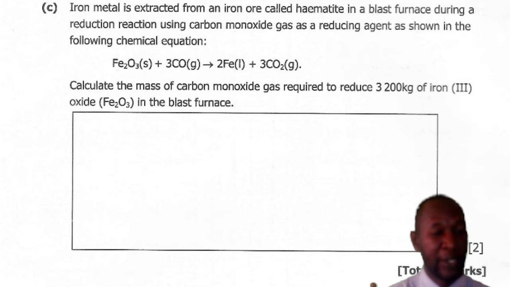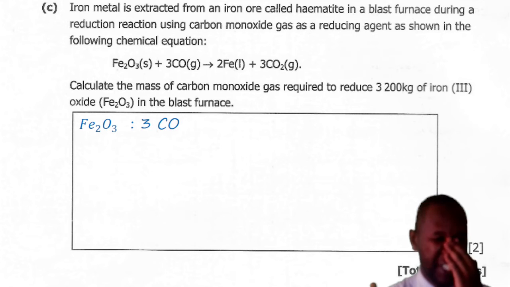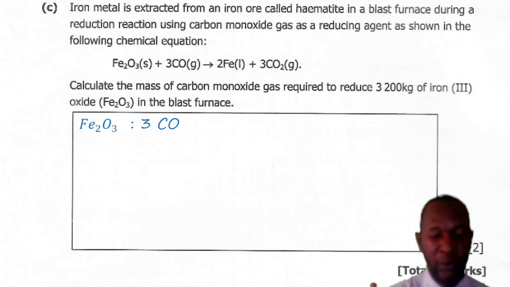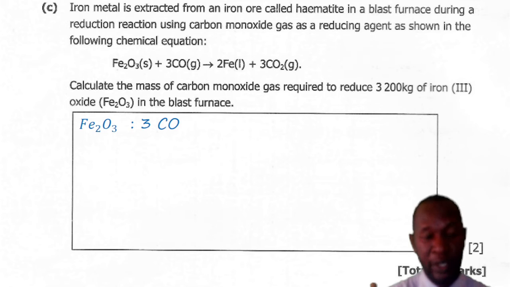So to calculate our moles, we have to make sure we look at our equation. From our equation, 1 mole of iron ore will actually need 3 moles of carbon monoxide.